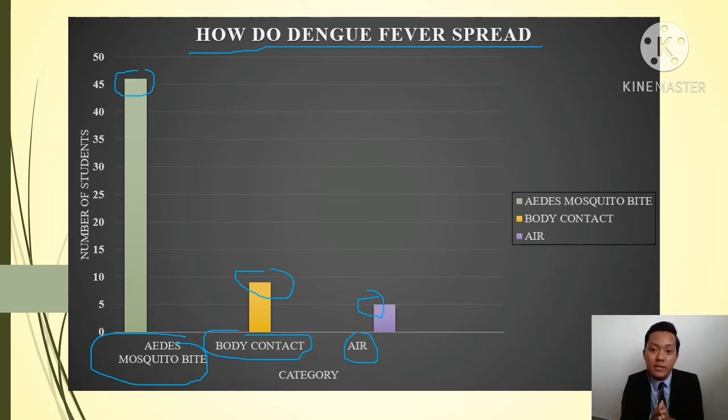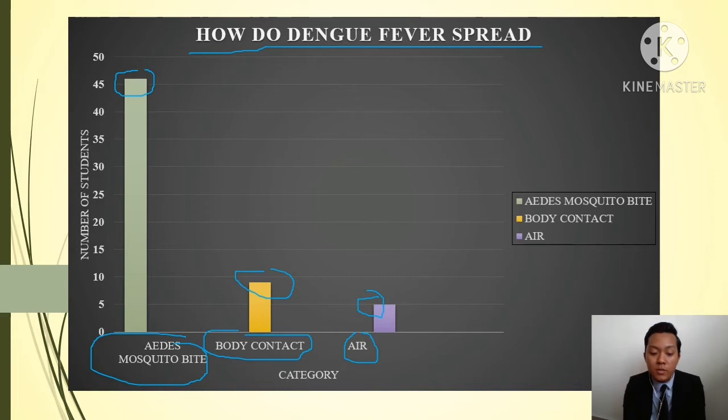It can be clearly seen that the most popular, selected by 46 students, is Aedes mosquito bite, and the least popular is air among the students of Polytechnic Sultan Idris Shah. So let's make a comparison between these bars.